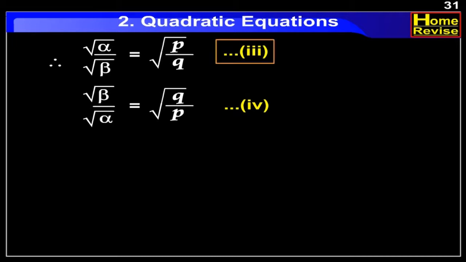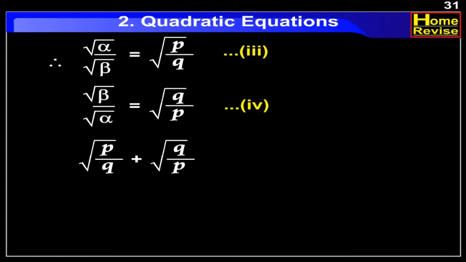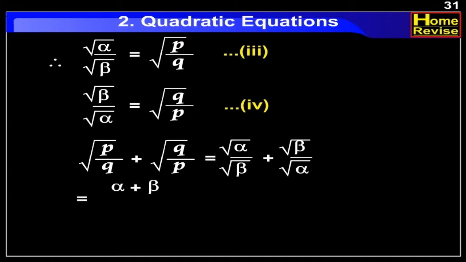Now, from equation 3 and 4, we have root p upon q plus root q upon p is equal to root alpha upon root beta plus root beta upon root alpha, which is equal to alpha plus beta upon root alpha into beta.